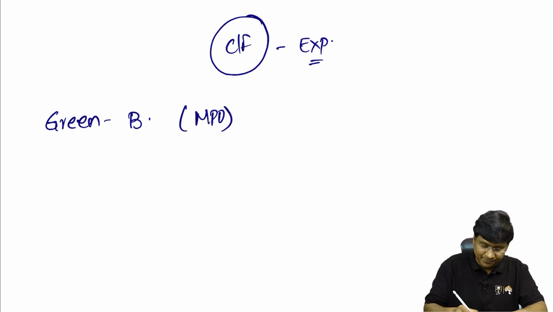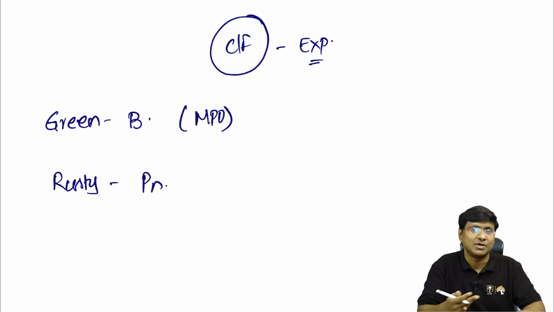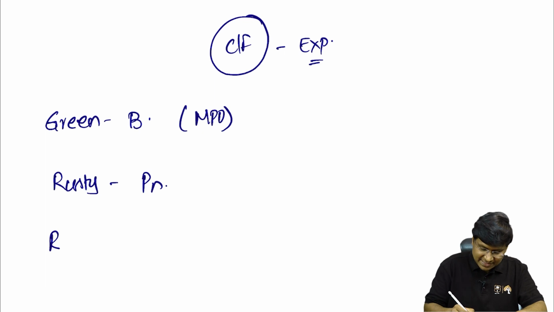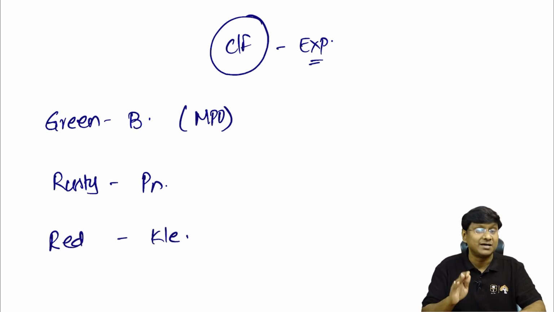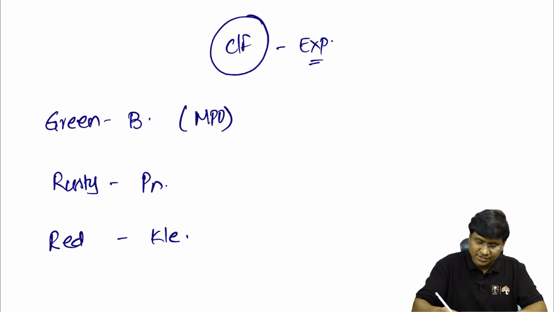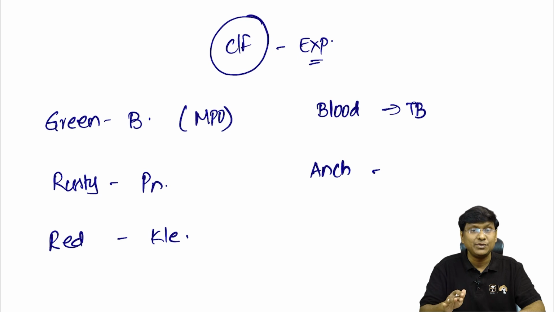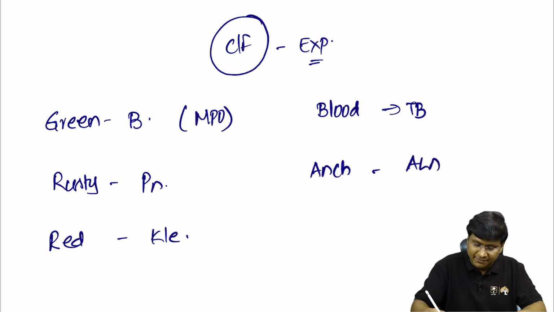And if it is rusty sputum, then you need to suspect pneumococcal pneumonia as the organism causing the pneumonia. Then if it is red currant jelly, you need to suspect Klebsiella pneumonia. And if it is blood stained sputum, then you need to suspect tuberculosis. And if it is anchovy sauce sputum, then you need to suspect ruptured amoebic liver abscess.